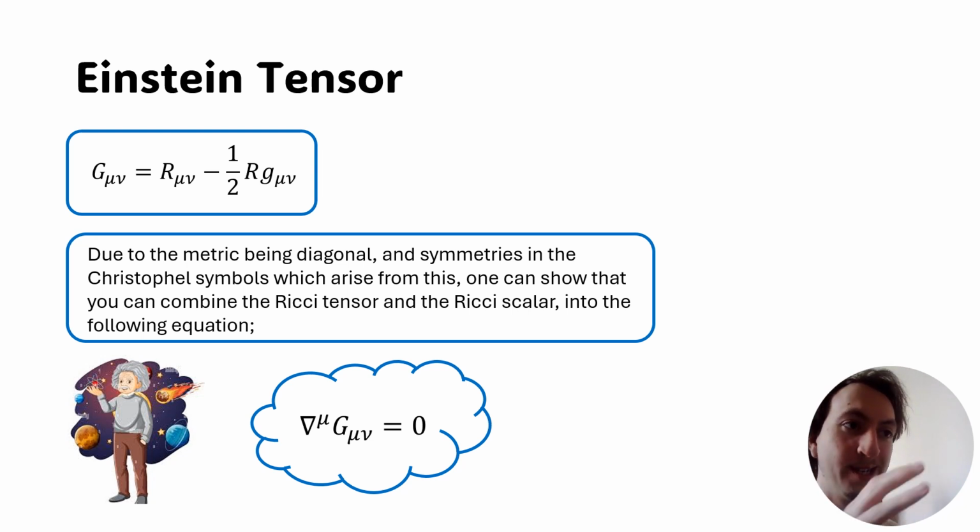So you could start from the bottom statement and work upwards to work out properties of the Ricci tensor. But if you were to derive the bottom equation, you would use properties of the Ricci tensor, and that would imply that the covariant derivative of the Einstein tensor is 0.